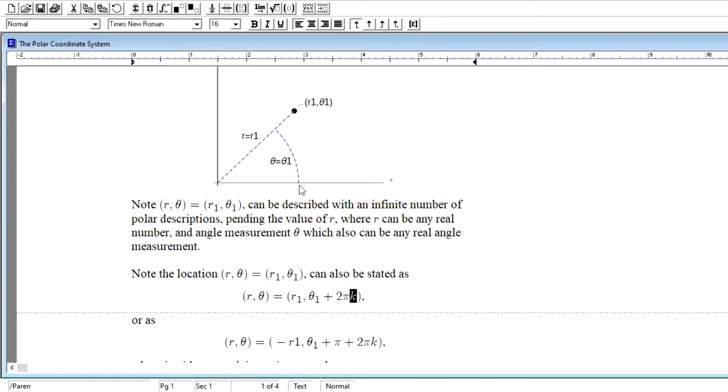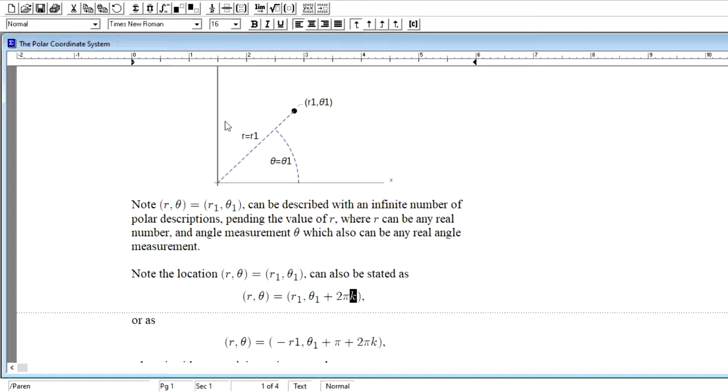We could make no revolutions, where theta equal to theta 1 would be the smallest angle measurement, or we could make one or more revolutions, where we would add on a 2 pi to that measurement each and every revolution. And this could happen in both the positive direction, or in the case of k being negative, back in the negative direction.